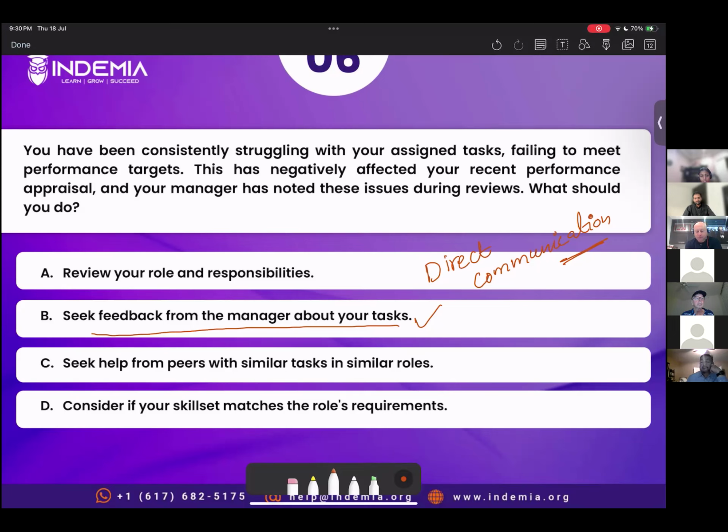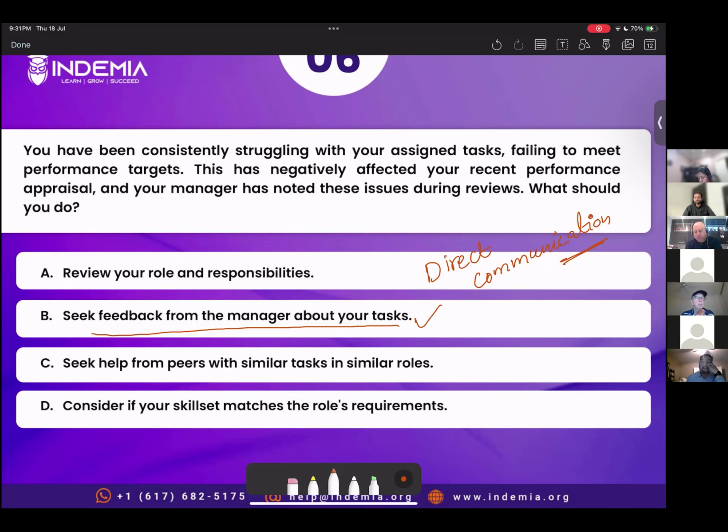Seek help from peers with similar tasks in similar roles could be helpful, but not that much helpful as talking to your manager, because they are fully involved in your day-to-day work. So they are better positioned to give you the right feedback rather than a peer who's not aware what exactly you are doing or what specific problem you're facing.